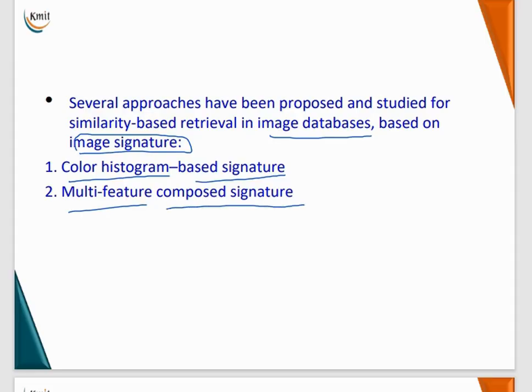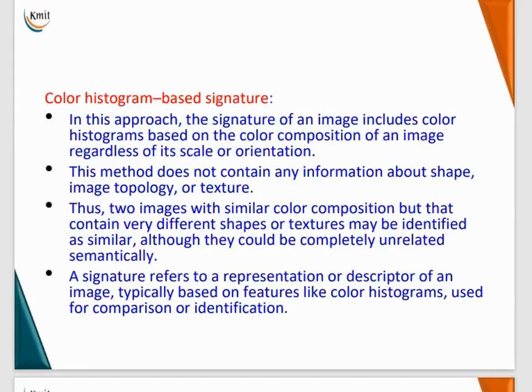Let us discuss the first one, which is color histogram based signature. In this approach, the signature of the image includes color histogram based on color composition of an image regardless of scale and orientation. This method does not contain any information about shape or texture. Thus, two images with similar color composition but that contain very different shapes or textures may be identified as similar.